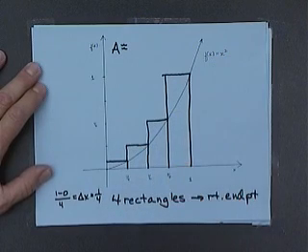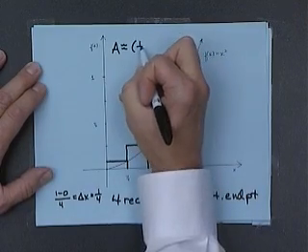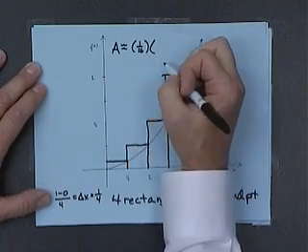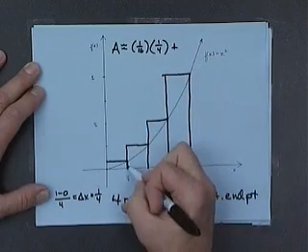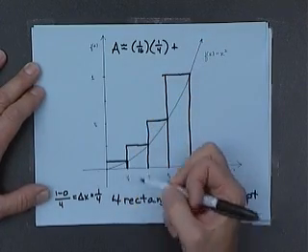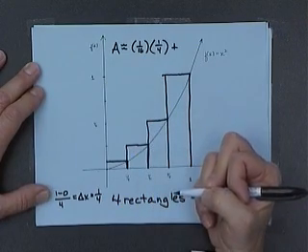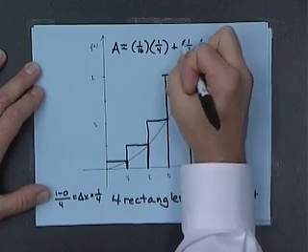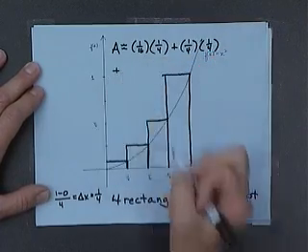So what's the area of the first rectangle? 1/16. 1/16 tall. How wide? Well, they're all 1/4 wide. So that's this distance, 1/16. Now we want this distance, which is 1/4 times the width, which is 1/4.